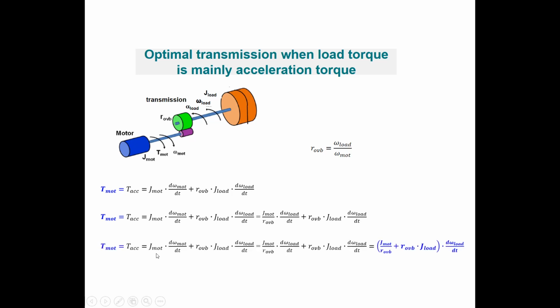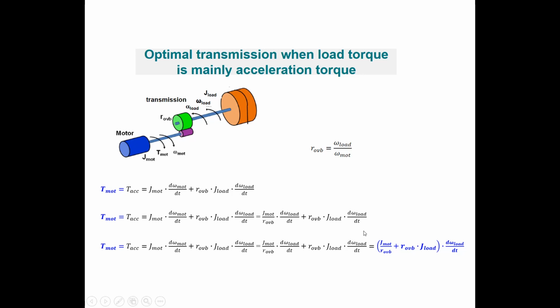When we do that, we get T motor as T acceleration, which is equal to J motor divided by R_OVB, this part, times the angular acceleration of the load, plus R_OVB times J load times the angular acceleration of the load. You can see that this is correct because when you multiply this part by that part, you get this part of the expression, and when you multiply this part by that part, you get this part of the expression.